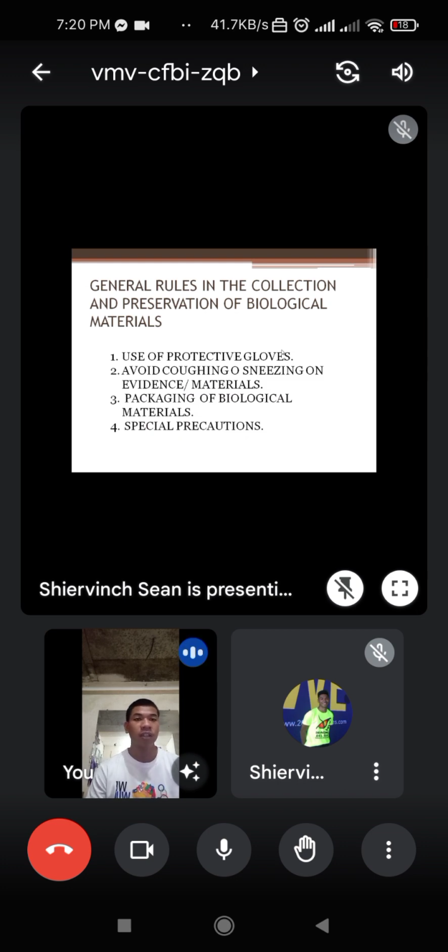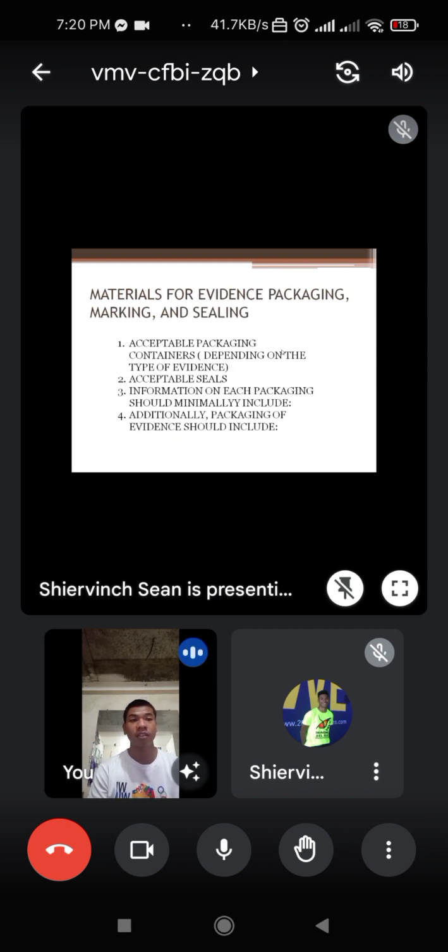So, there are materials for evidence packaging and sealing. First, acceptable packaging containers, which depend on the type of evidence, such as paper bags, plastic bags, boxes, manila envelopes, small glasses, vials, and metal cans.